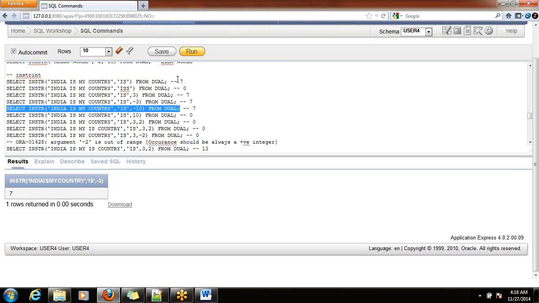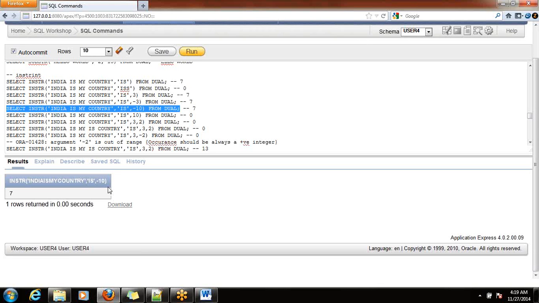Observe carefully. IS is present at 7th position in our actual string, right? Now I am giving -10. I am asking Oracle engine to begin with the -10th position. Still it gives 7. So even though you supply negative, it is considering it as a positive.